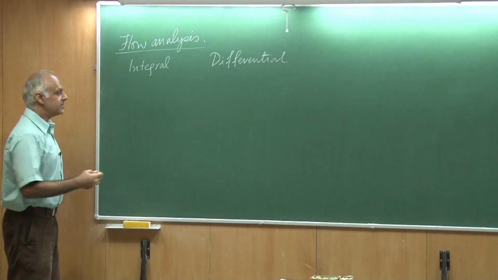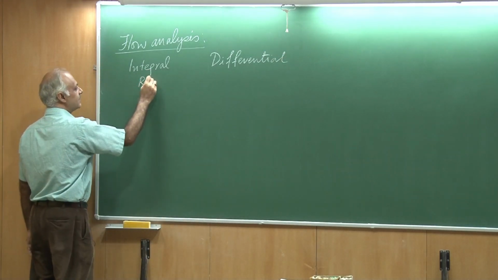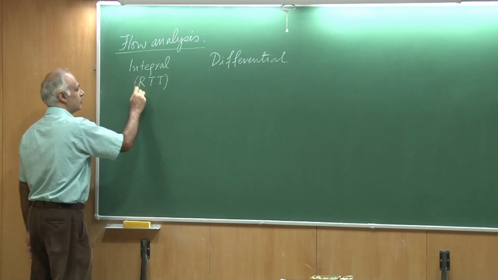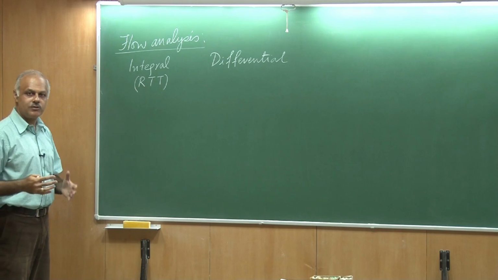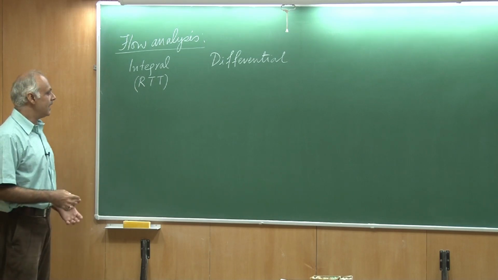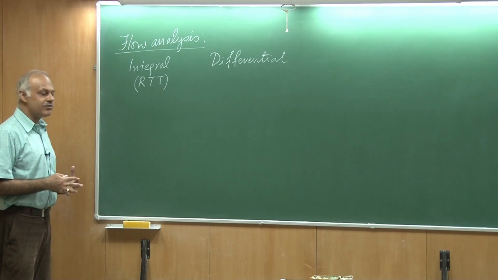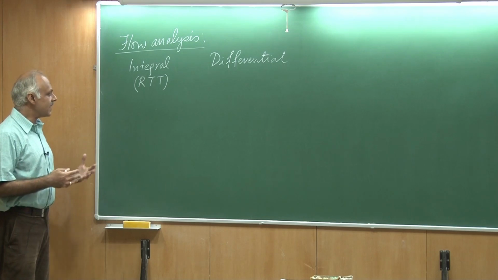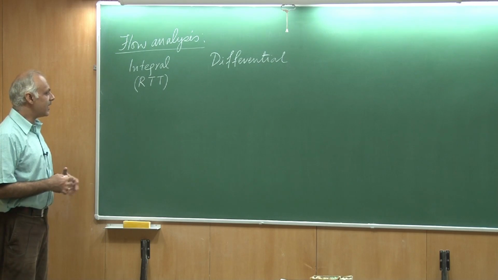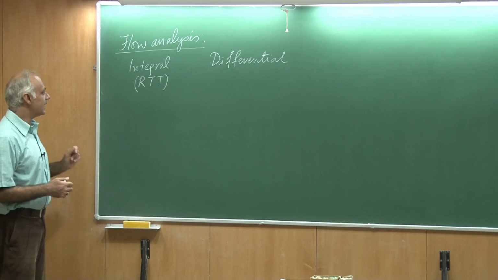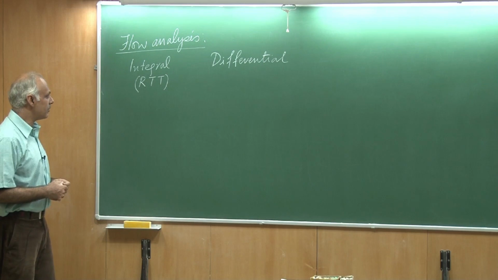The integral approach involves using the Reynolds transport theorem. So, we take a control volume, we account for what is coming into the control volume, what is leaving the control volume, and then by keeping track of the things that change in terms of the generation, the growth rate, we are able to do a balance, and that gives us the integral formulation.